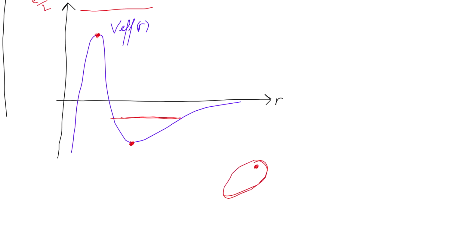This is because the ellipse is not closing here. If we want the ellipse to close, we will need a potential like this. But because of this part here, it does not close. We still have, for E equals 0, we still can reach R infinity. So parabolas, here we have hyperbolas.